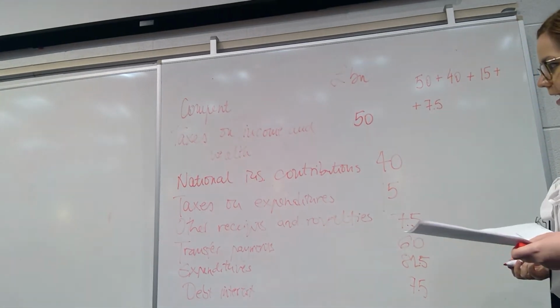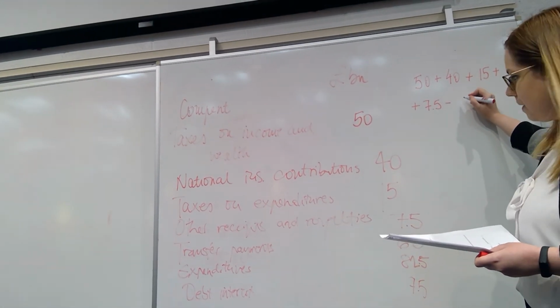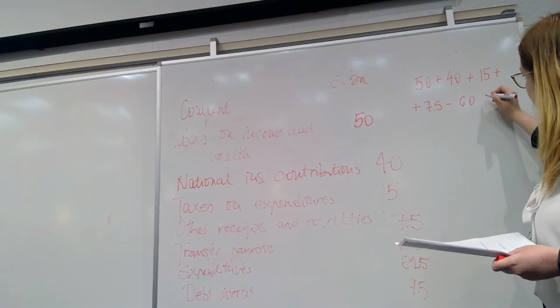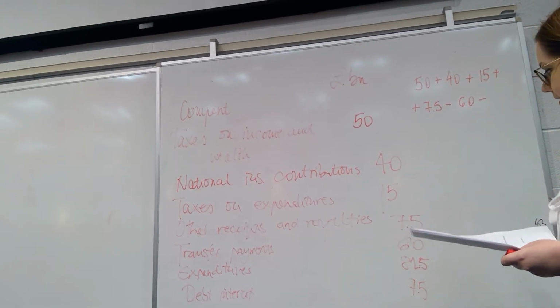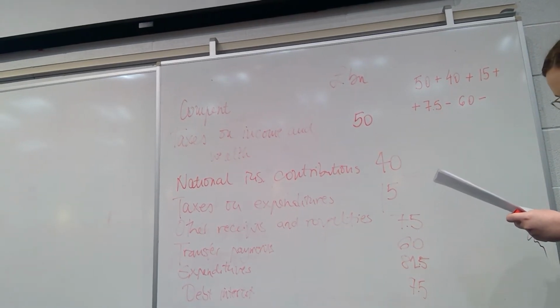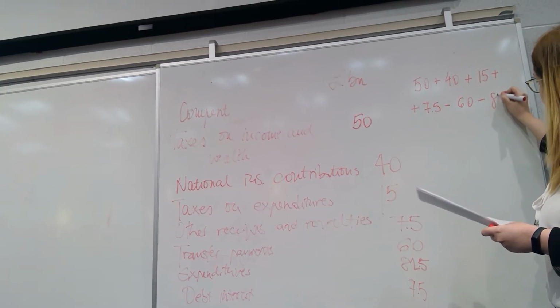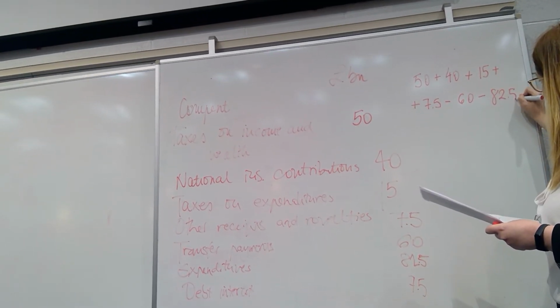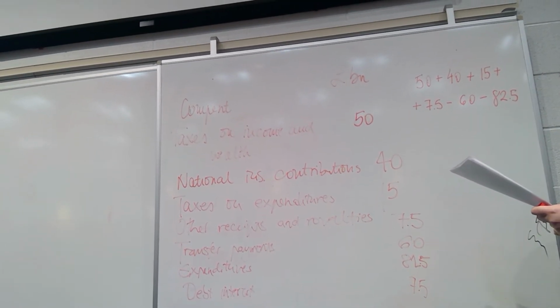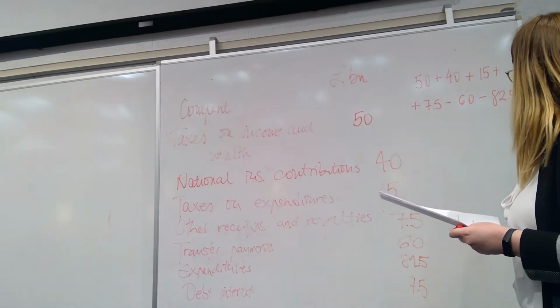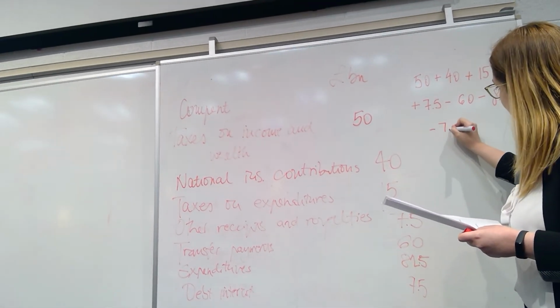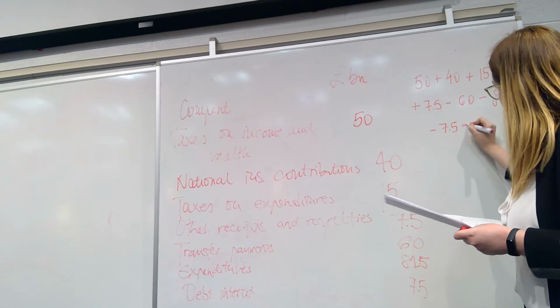On the other hand, the government is spending transfer payments, which are 60 billions. Then it's spending its expenditures, obviously, which are 82.5 billions. And then it is spending a debt interest, which is 7.5 billion.